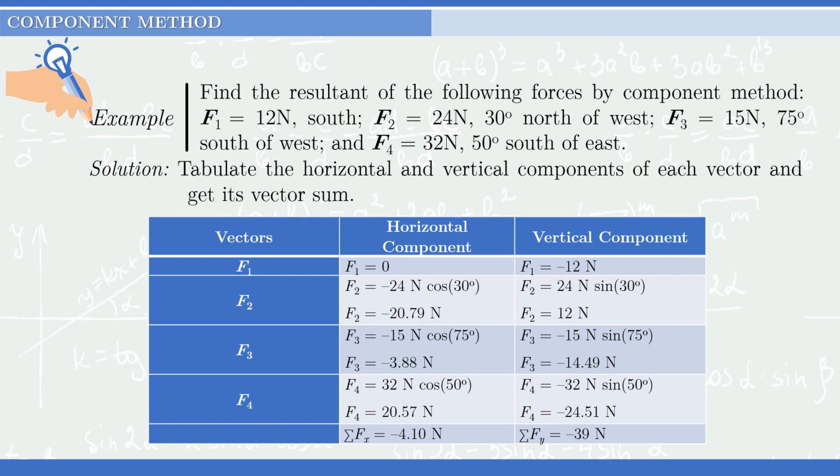And for the vertical component, we have negative 32 Newton sine 50 degrees, which is equal to negative 24.5100 Newton. Getting the sum of the horizontal component, we have the summation of F sub x equal to negative 4.10 Newton. And for our vertical component, its sum is negative 39 Newton.